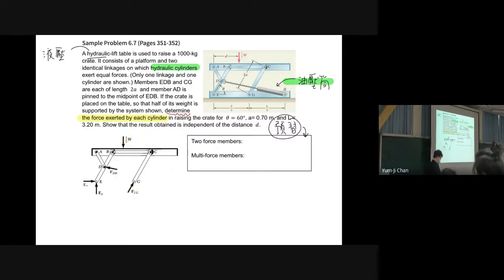How many members do we have here? Let's look from the left hand side. We have AD, we have BDE, we have BC, we have CG, and we have this platform.